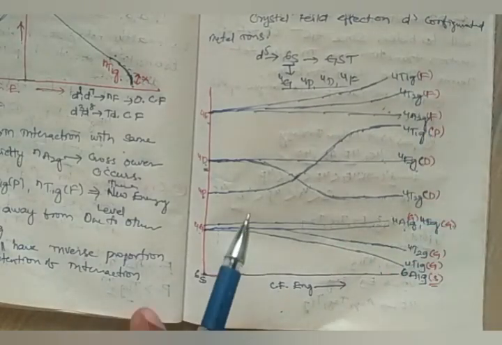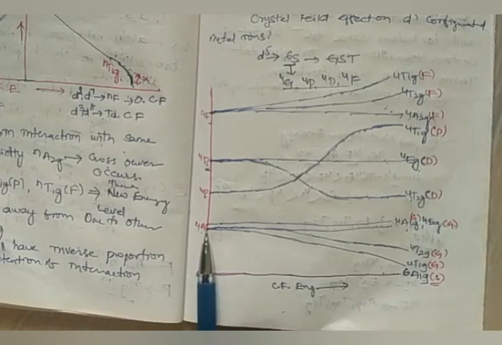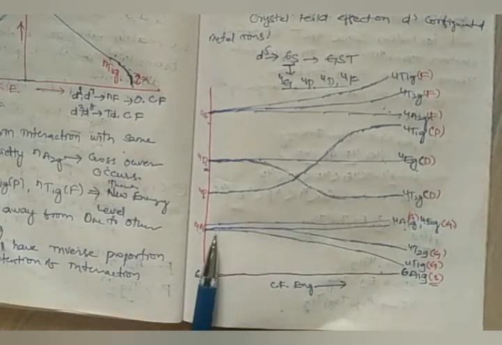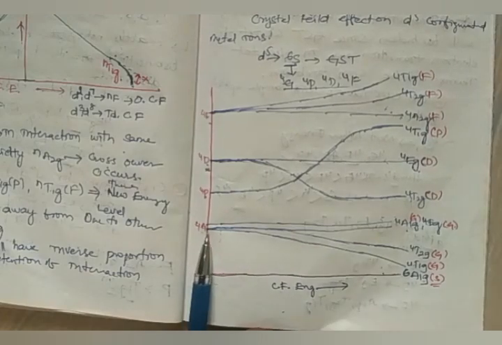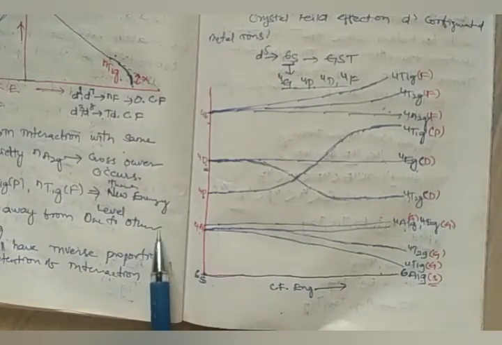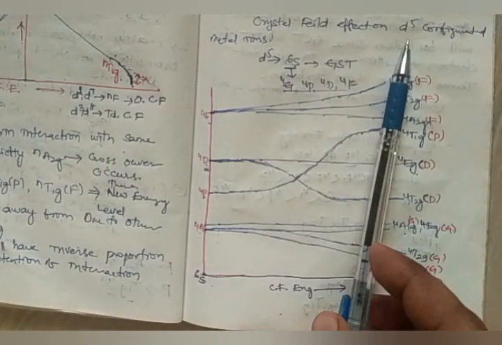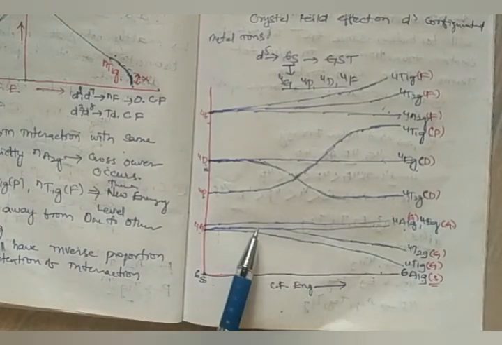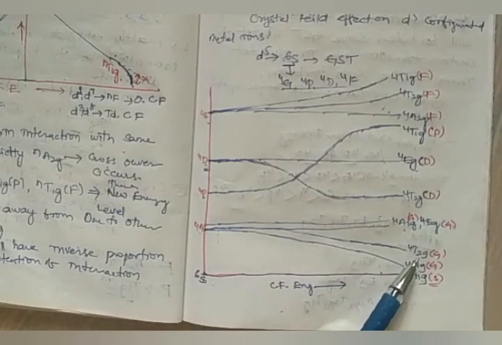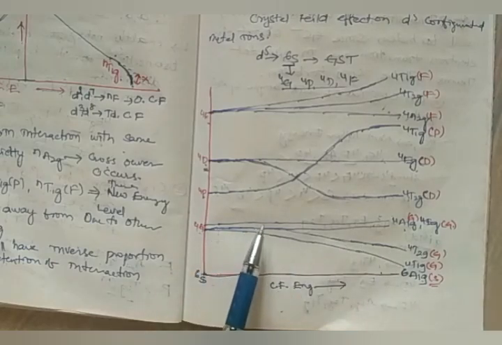After getting those 5 lines, we have to draw the T energy lines, right? The T energy lines will be curved, much more curved, right? In the Orgel diagram of the d5 electronic configuration, the T energy states are shown curved.